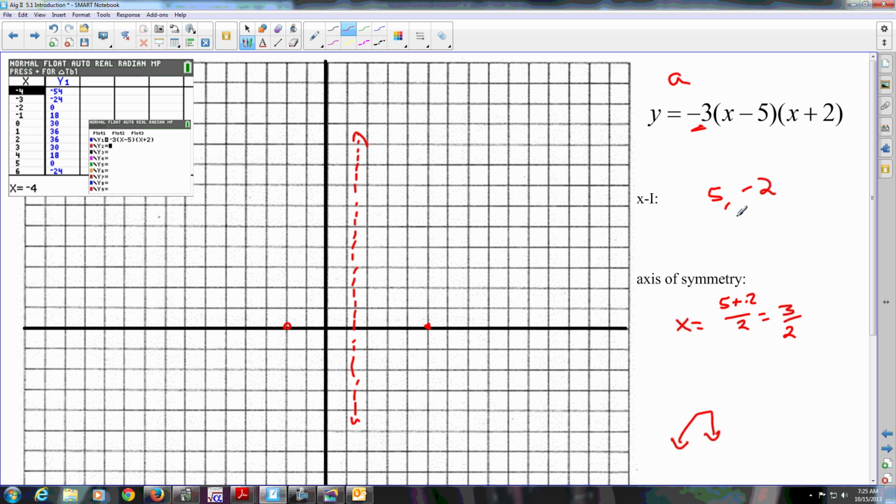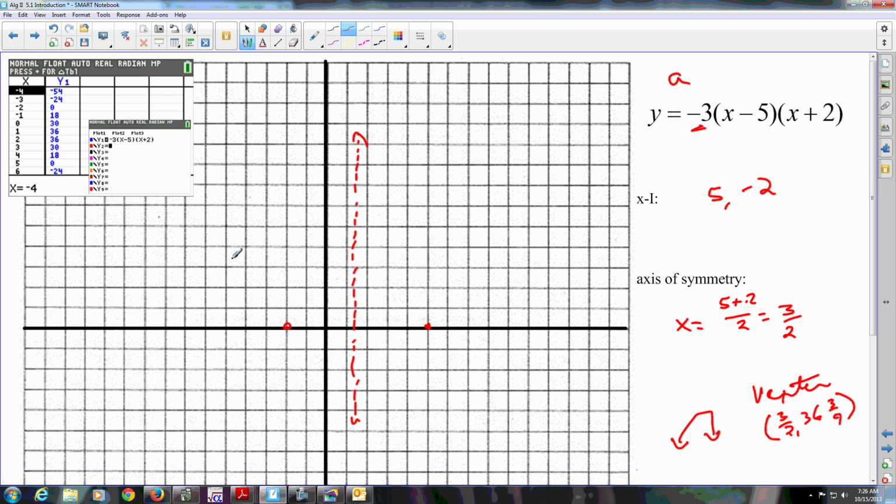Let's see, where was I going? All right, your vertex is on this axis of symmetry. If I were to take the 3 halves and fill it back into this, I think we found before, your vertex is going to be the coordinate 1.5, and then I think it was 36 3/4 is what I found when I filled that back in, if you go back 3 pages.